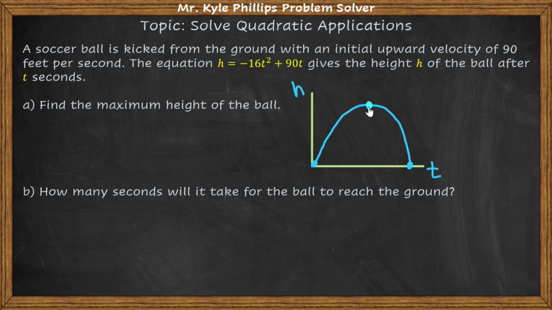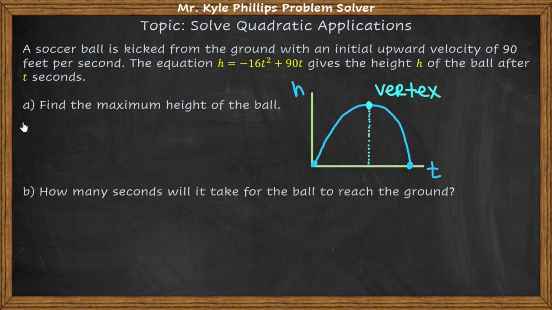So what I need to know is at what time will it reach that maximum height? Because I'm going to plug that value of t in for this. Well, if this is the highest point on a parabola, we know what that is. That is called the vertex, because the vertex is going to be the highest point or the lowest point.